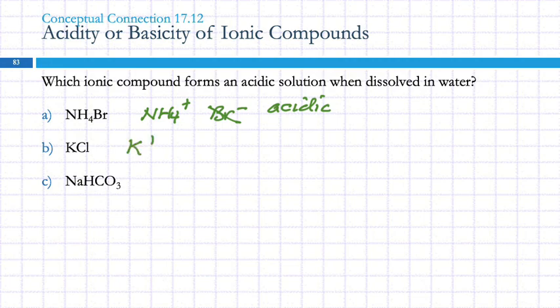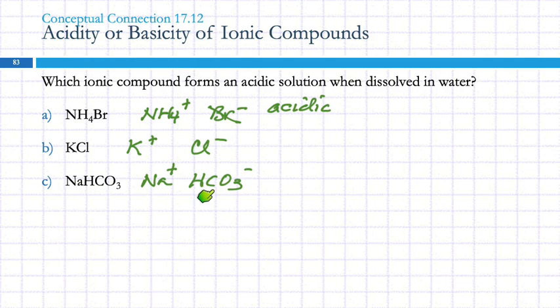KCl, got potassium ions and chloride ions, neutral. And NaHCO3, does this act as an acid? No, because sodium hydroxide is a strong base.